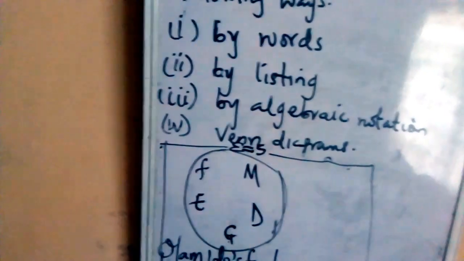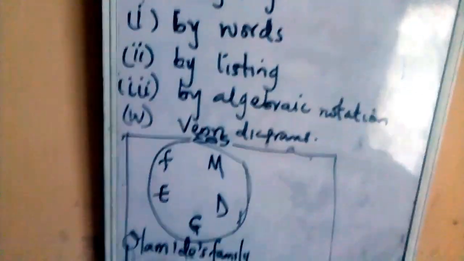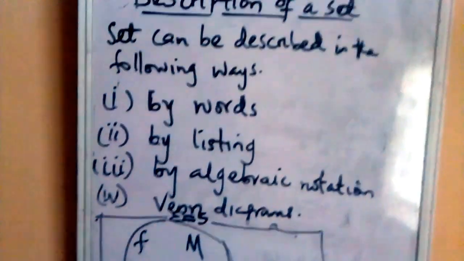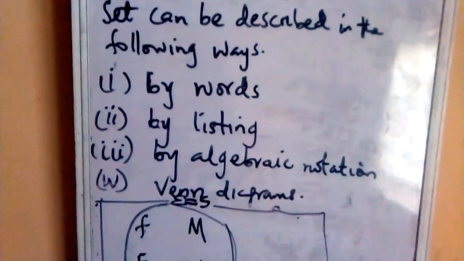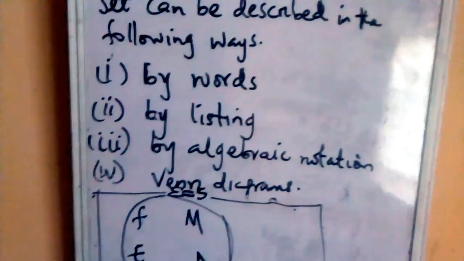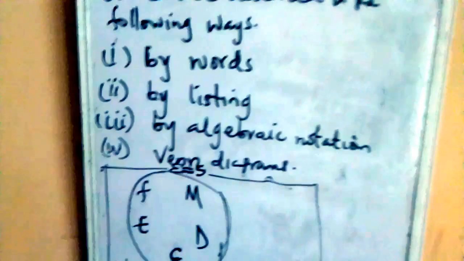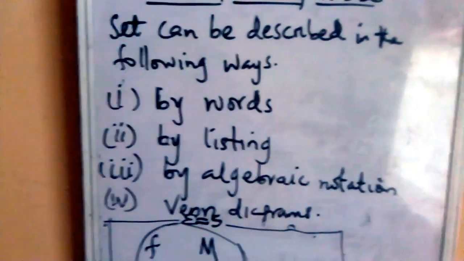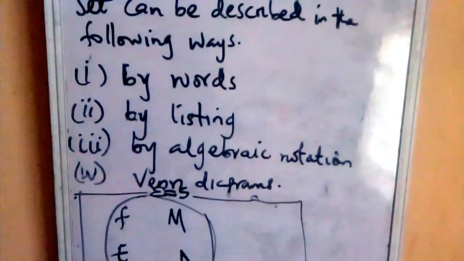We'll be looking at the differences between those types of sets and how those sets are represented. We are taking it step by step so that we can easily understand and have the whole idea of a set before we begin to solve related problems and deal with sets.